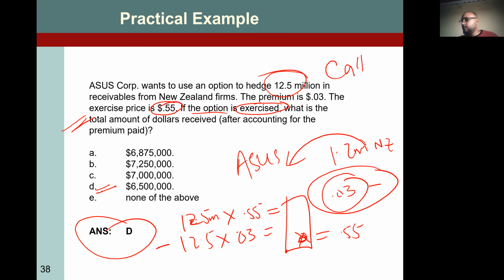Do we have a calculator here? 12.5 million multiplied by 0.55, we have 6.85875, and 12.5 multiplied by 0.03, we have 0.375. So your answer is going to be 6.5 million.